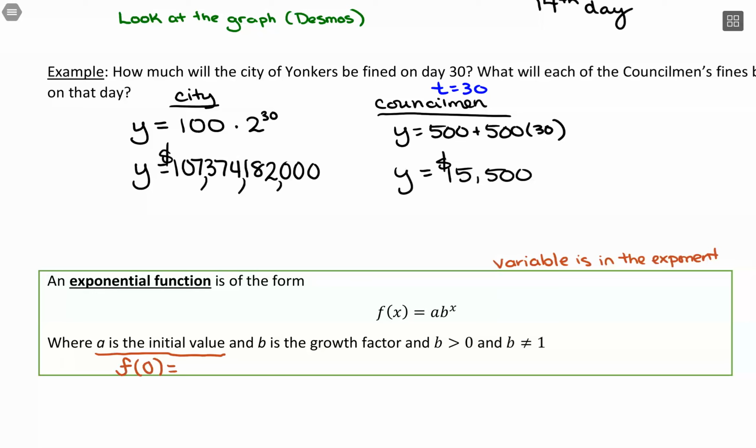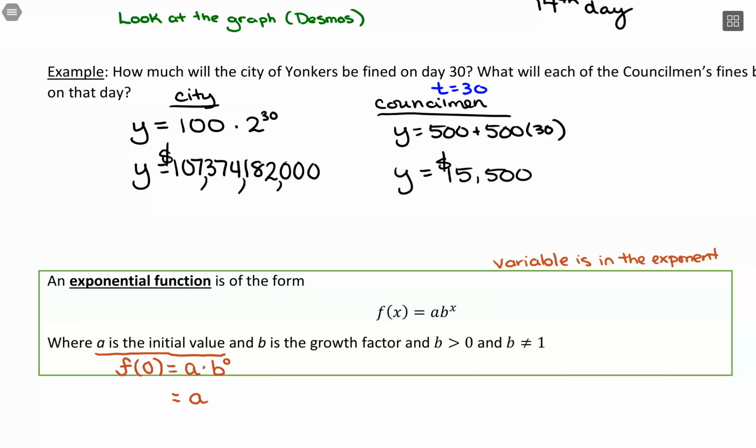So if you look at f of 0, what you would get is a times b to the 0 power. And just remember that anything raised to a power of 0 is equal to 1. So really that's an a times 1, which is just a. So it's kind of like the y-intercept of this function.